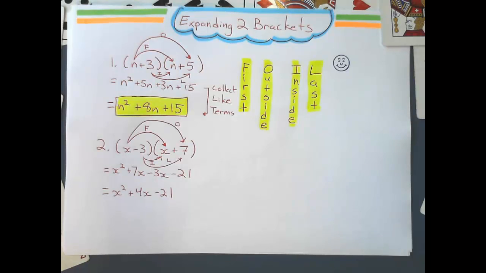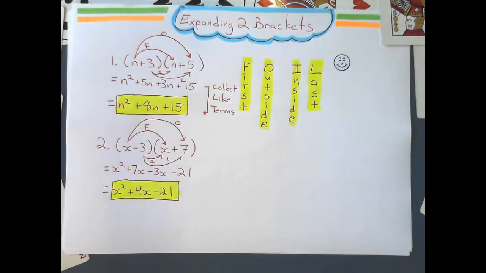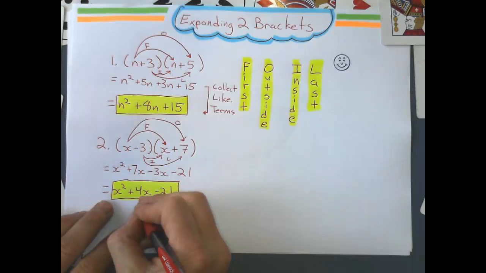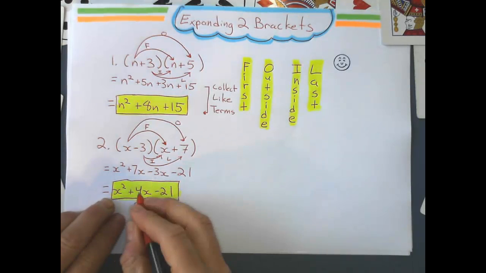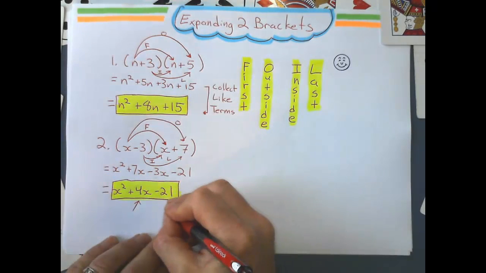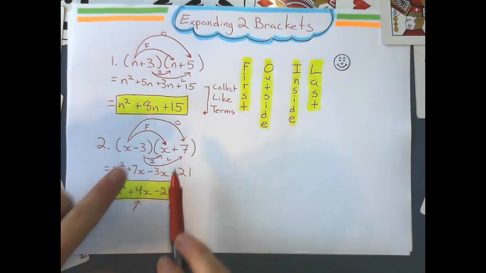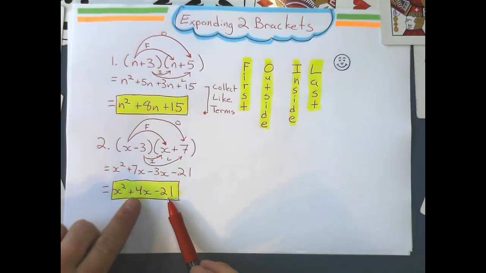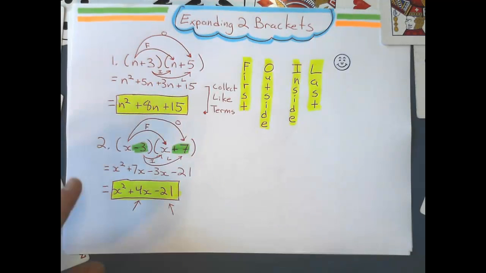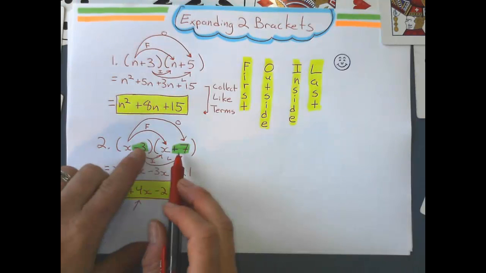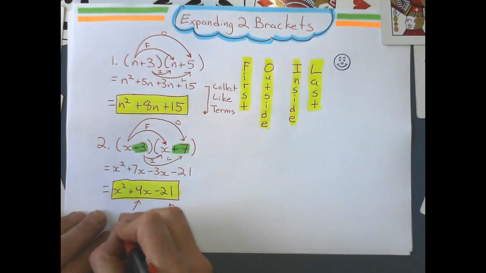Now let's look at something. What I want us to look at here is the coefficient there, that 4, and also that negative 21. How do these numbers relate to these numbers down here? How does a negative 3 and a positive 7 relate to this positive 4 and negative 21? How it will always work out with problems like this is that 4 will be the sum of those two.